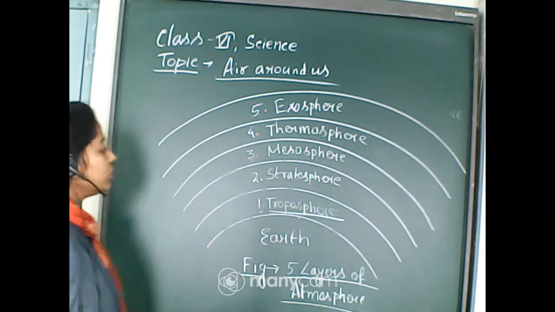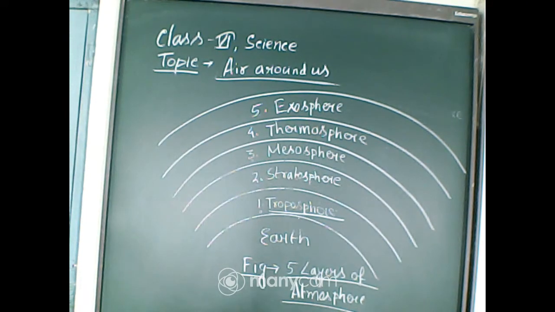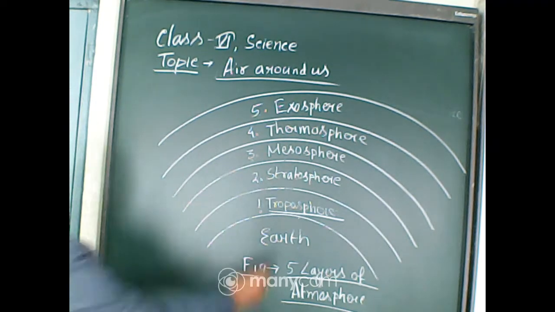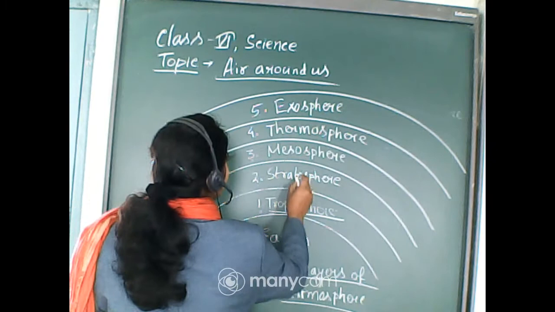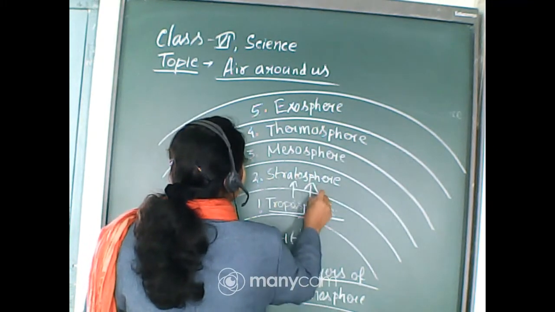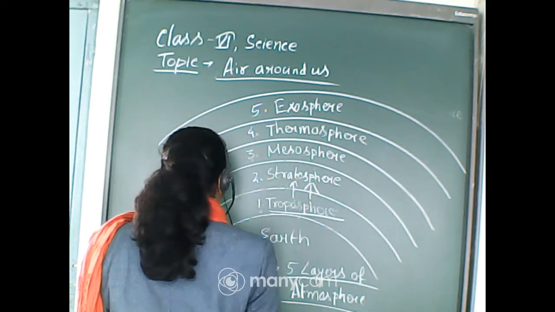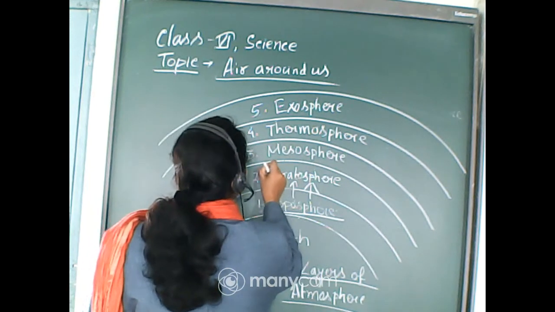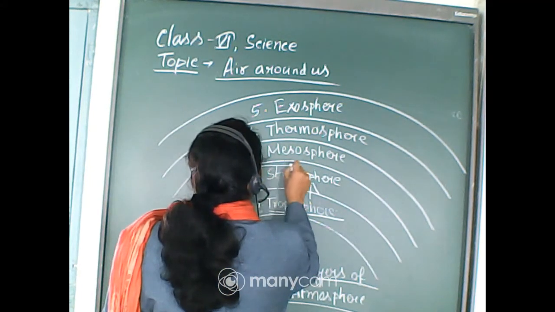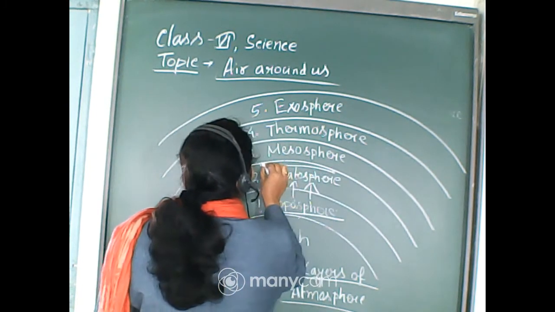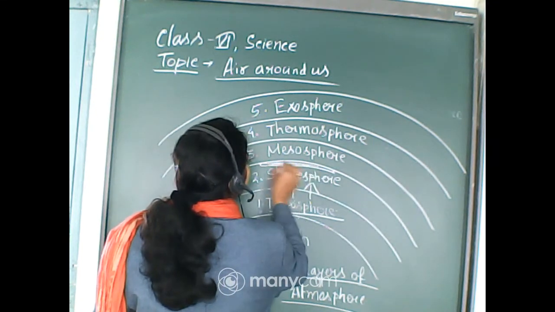Next comes stratosphere. What is stratosphere? Stratosphere is the layer just above the troposphere. There is already a layer in the stratosphere called the ozone layer.